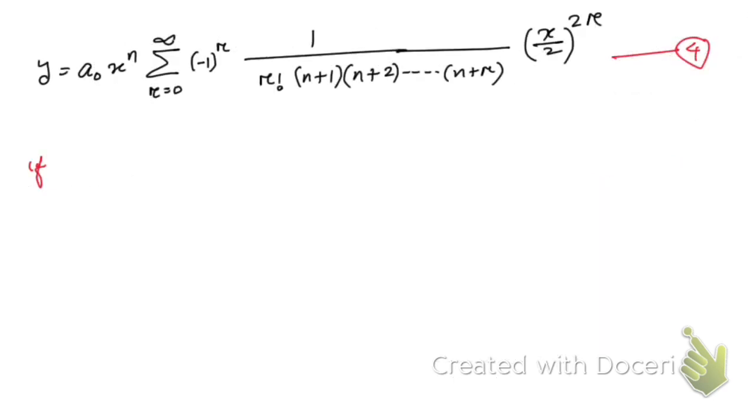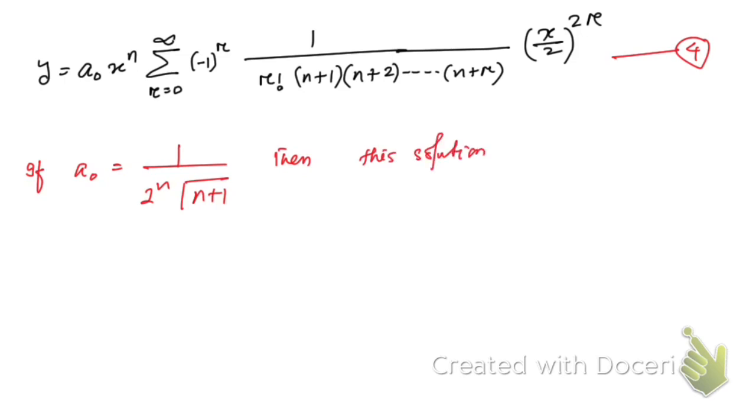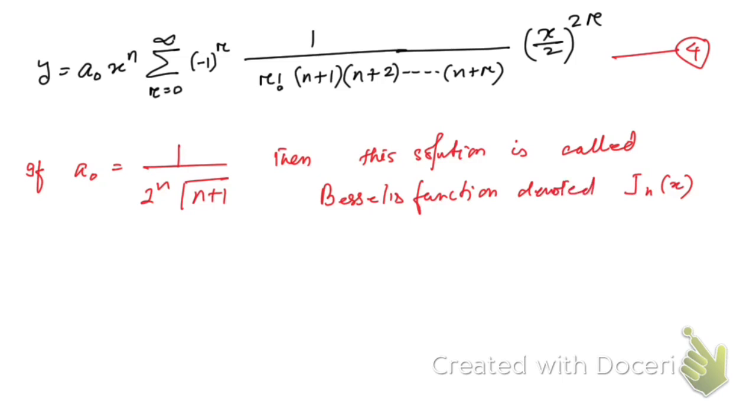If you put a naught is equal to 1 by 2 to the power n gamma of n plus 1, then this solution is called Bessel's function, denoted by Jn of x.